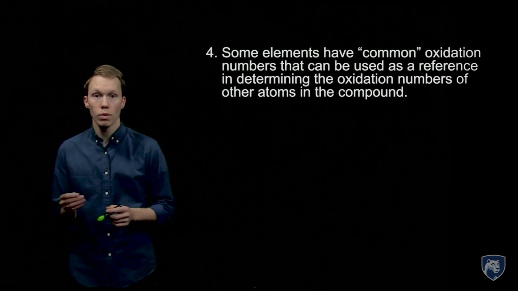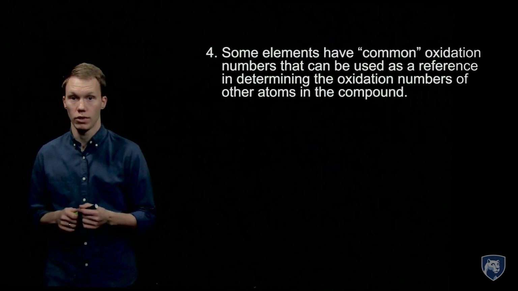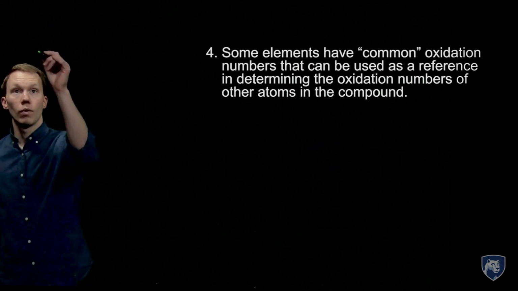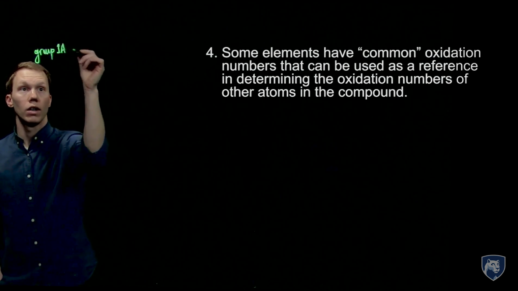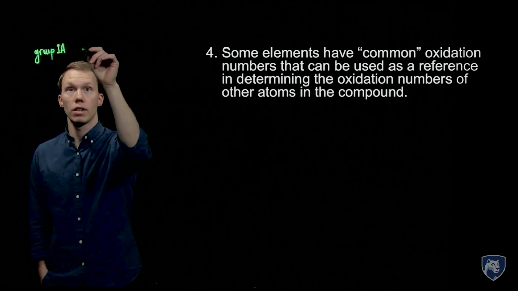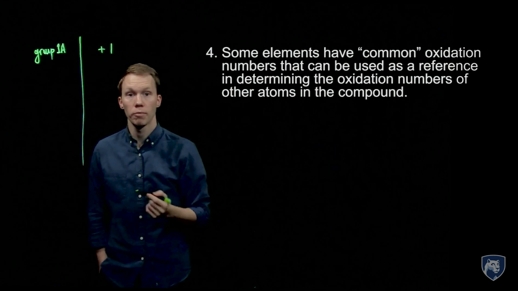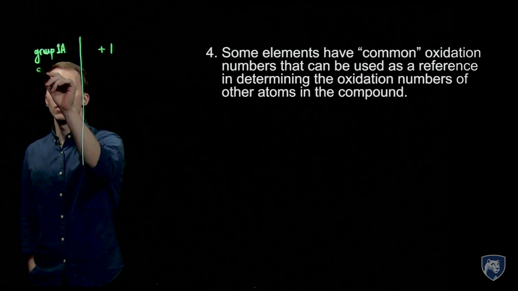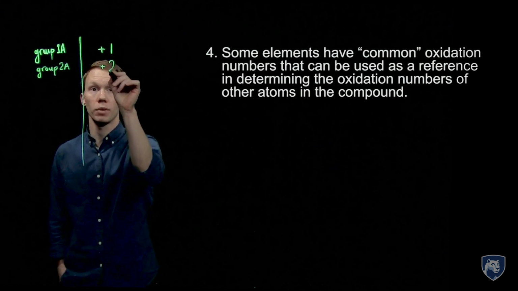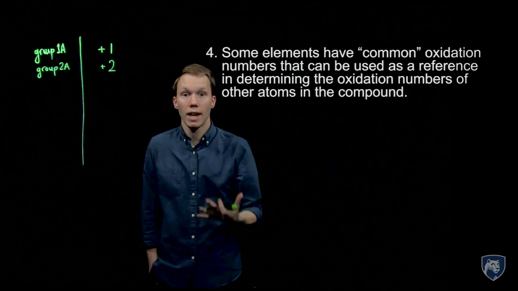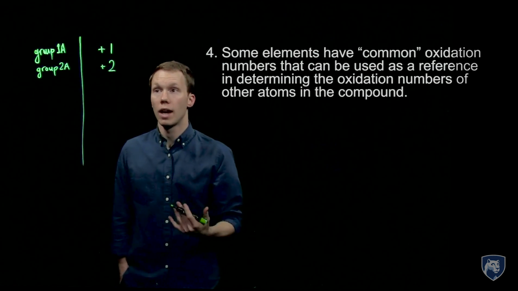So the fourth rule will say is common oxidation numbers for elements in compounds are as follows. Group 1A, those are our alkali metals, will always have in compounds an oxidation number of +1. Those elements in group 2A will have oxidation numbers of +2. This should make sense. These like to form ions of the +1 and +2 type.